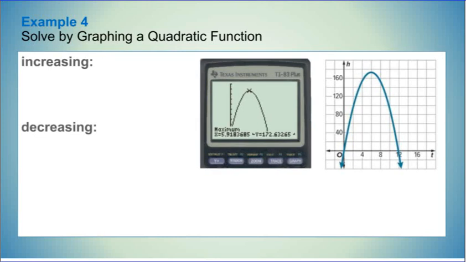It's increasing when x is less than 6, and decreasing when x is greater than 6.